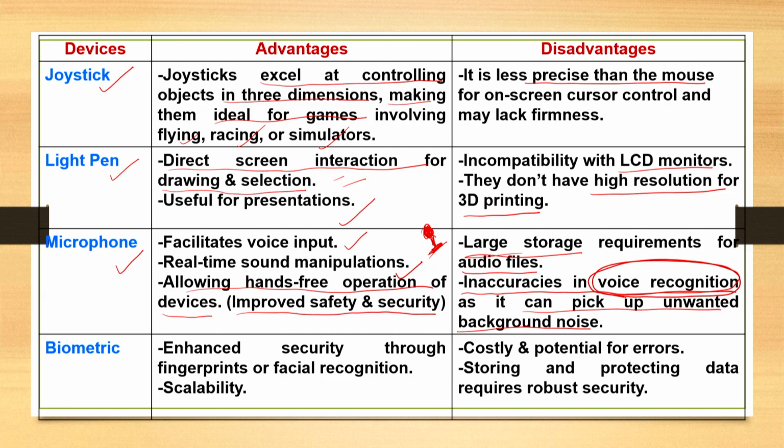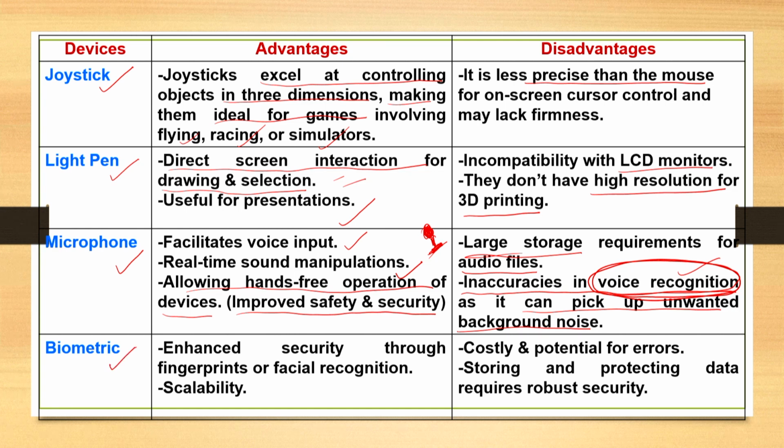But if there is some problem with your voice, then it won't recognize it and the door will never open for you. So, that is the biggest limitation of this microphone. People are still working on it to get rid of these types of inaccuracies or limitations.